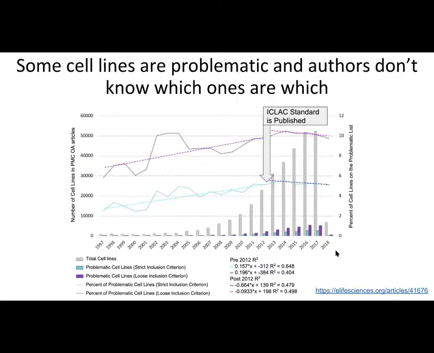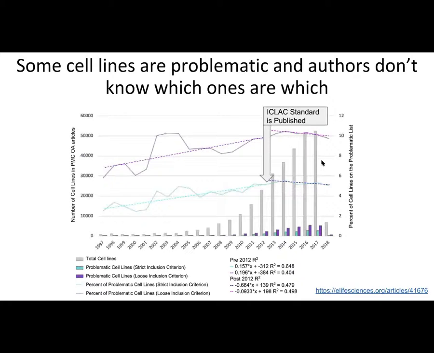But generally speaking, if you look here, this is the number of actual cell lines that were mentioned in any paper. And what we can find here is that there are, for example, in 2016, over 50,000 cell line mentions. And out of that, the percentage of cell lines that are problematic here are between about 5.5% or so and 10%.